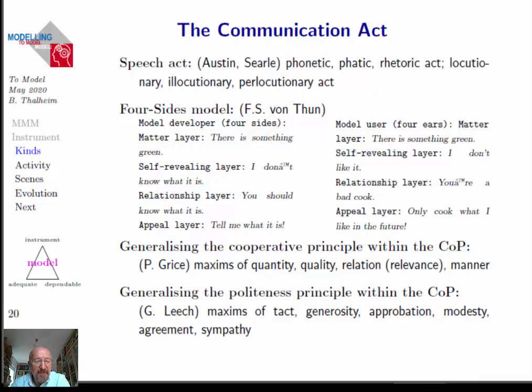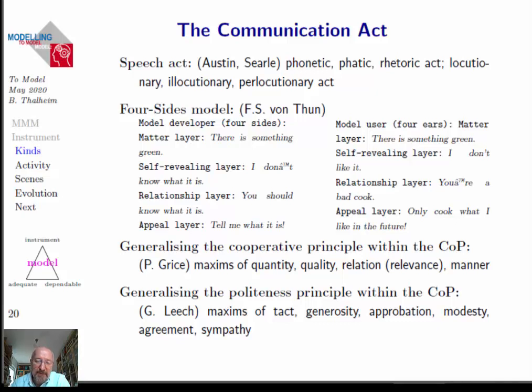We have maybe the foresight model that we can use, developed by Thun. The model developer, the model layer, the self-revealing layer, the relationship layer, and the appeal layer. We can also consider them, let's say, the meta layer, the self-revealing layer, the relationship layer, and the appeal layer.